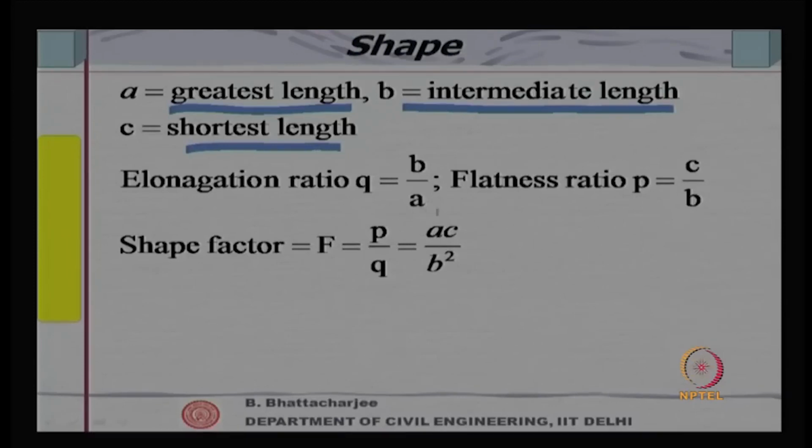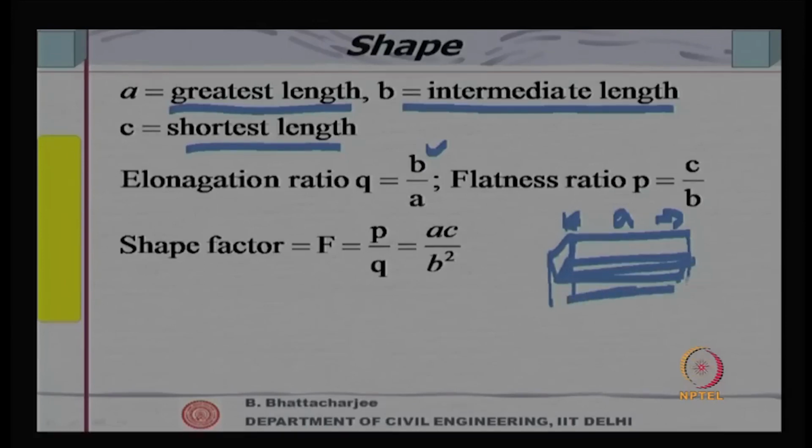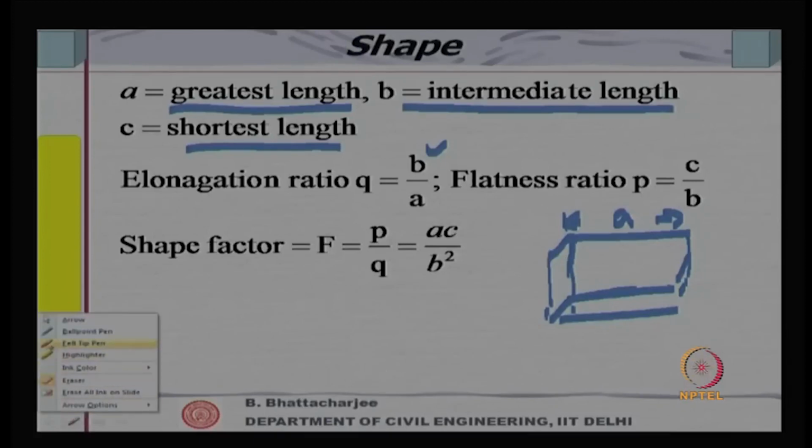So, we define elongation ratio Q as B by A. So, this is my A, B is the intermediate, could be even slightly bigger than this, B is something of this kind, and C is the thickness, C is this.